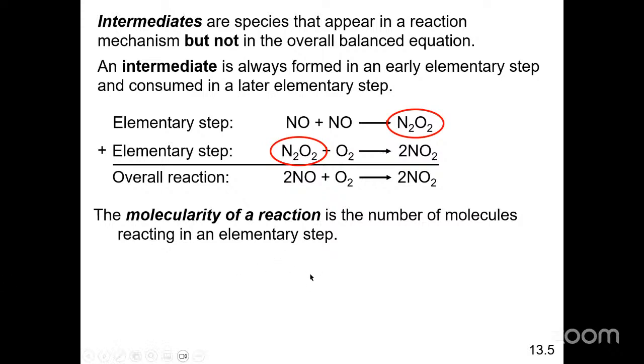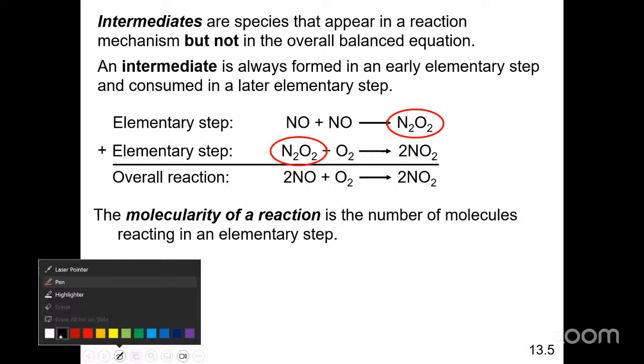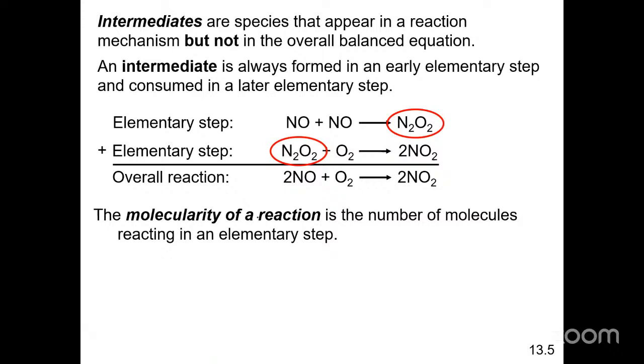Some other terms that we need to be introduced to: this term molecularity, right? When we talk about the molecularity, and this is a bit of a minor error, let me make a correction here. The molecularity is not in reference to a reaction per se.